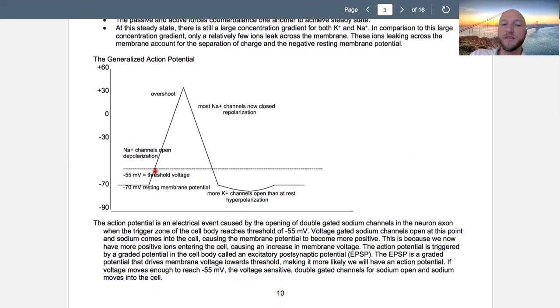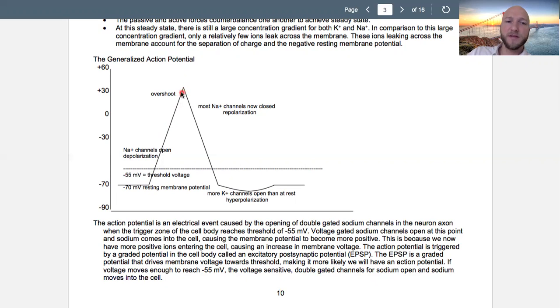These voltage-gated sodium channels are going to open up, increasing the permeability of sodium to that portion of the cell, and sodium is going to rush in. We're going to add a whole bunch of positive sodium ions in a very quick, short period of time. And the membrane potential is going to shoot from -55 up to +30.